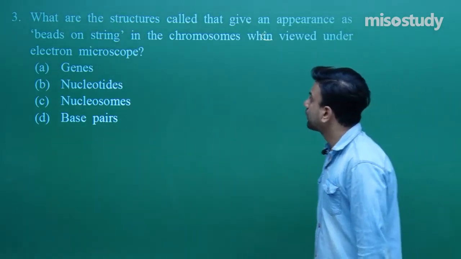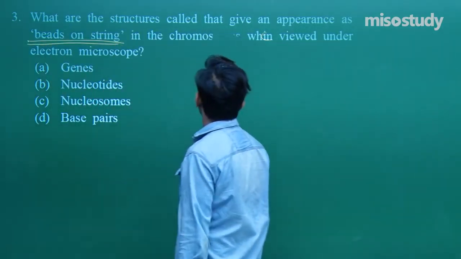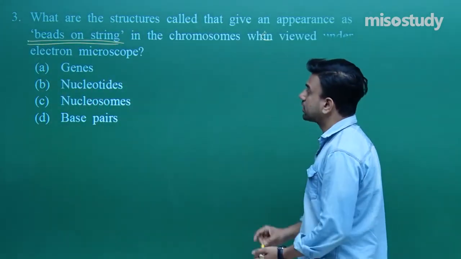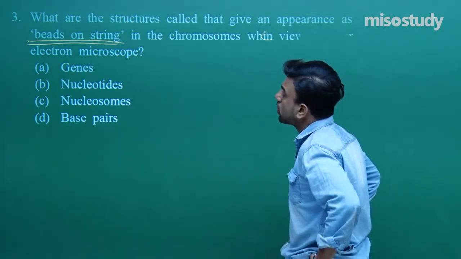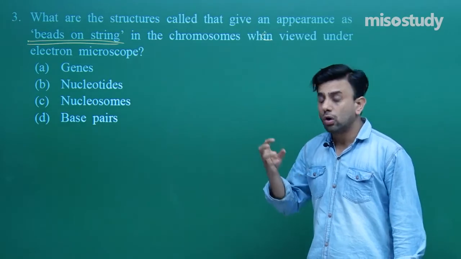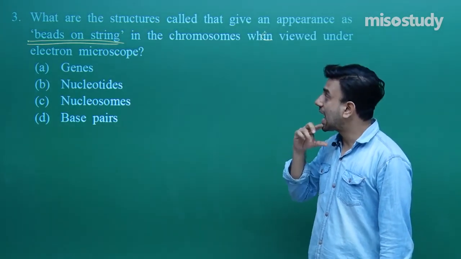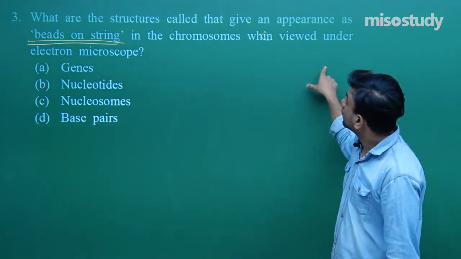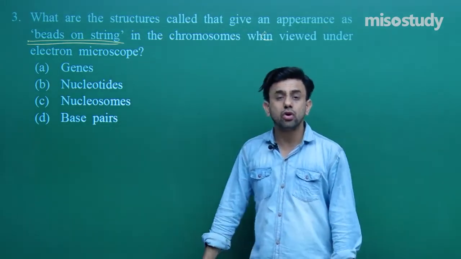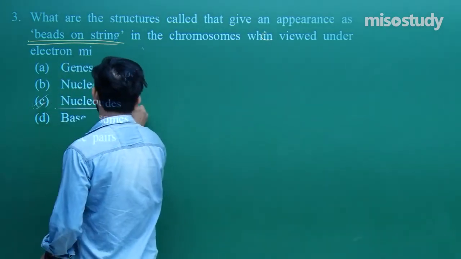Once again the question, what are the structures called that give a beads and string appearance? Now this is talking about the chromatin. The chromatin will always appear as the beads and string appearance, and this is what is called as the nucleosomes, right?